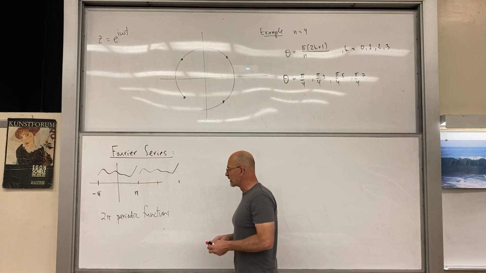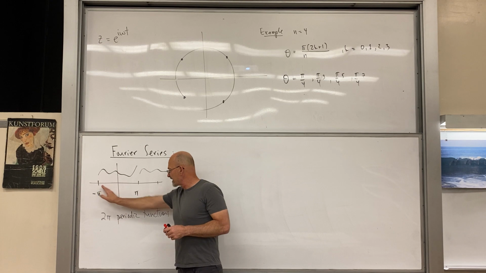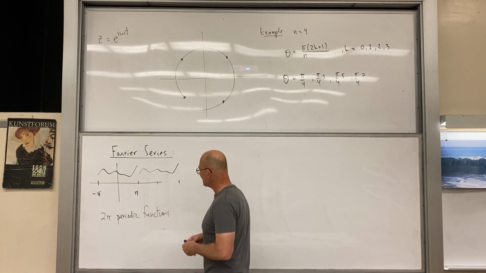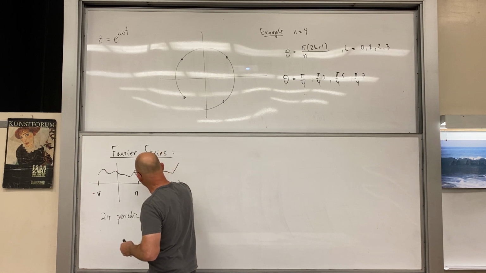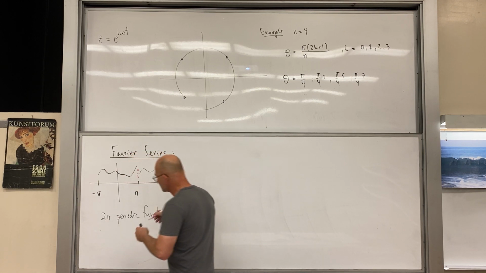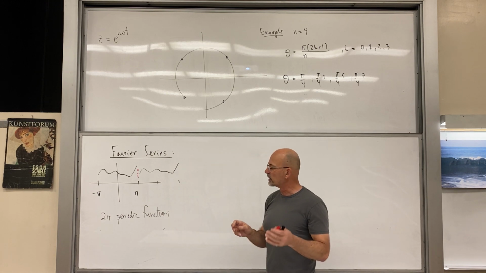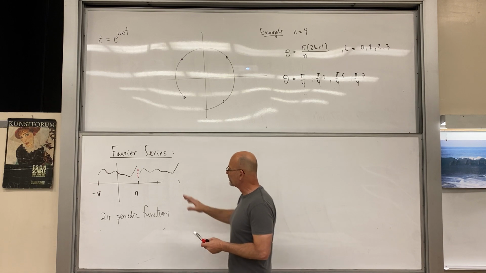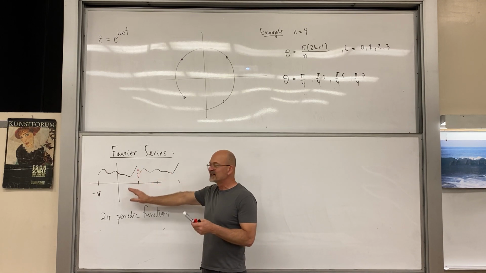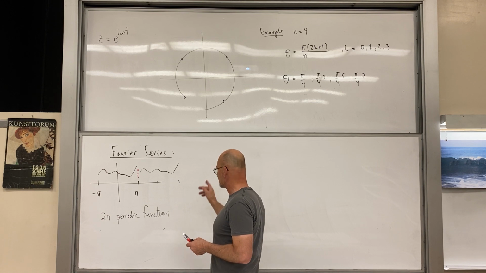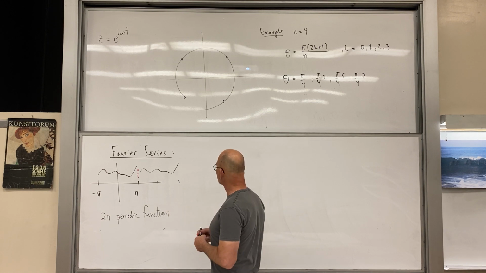And you can also just say, well, we're only interested in functions between minus pi and pi, and we just continue them on periodically. These discontinuities are actually an interesting thing. What's going on right here? We can talk about that later. Don't worry about it. For now, we could just restrict ourselves to truly continuous functions if you want, but not for long.